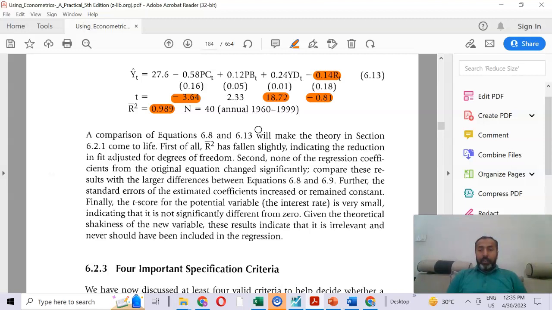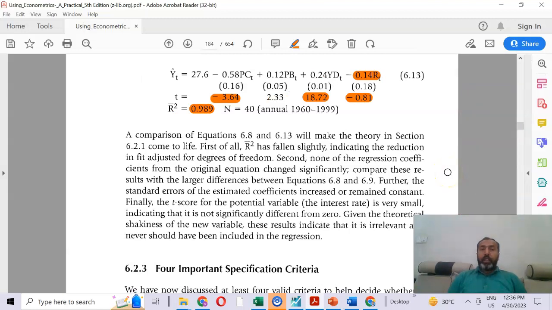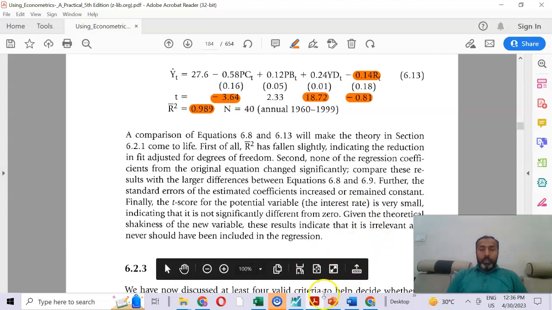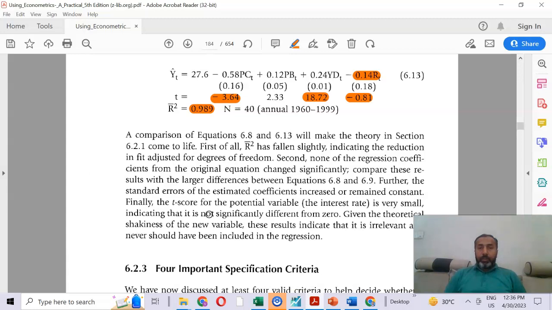So the main effect is that the irrelevant variable increases the variance of the coefficient, which increases the standard error and decreases the t statistics. Now, the four specification criteria and the formal test of Ramsey regression specification error test will be discussed in the next video.